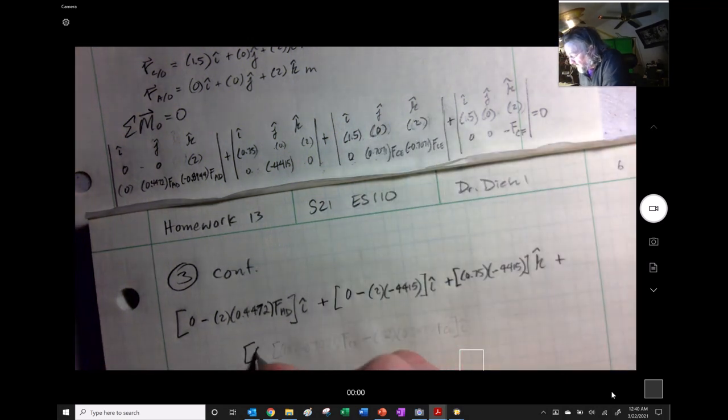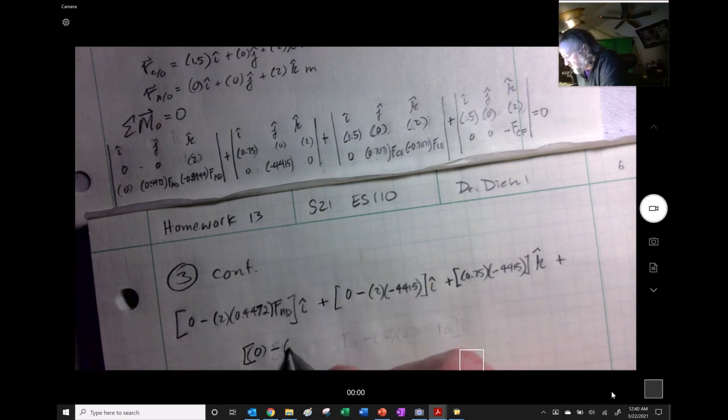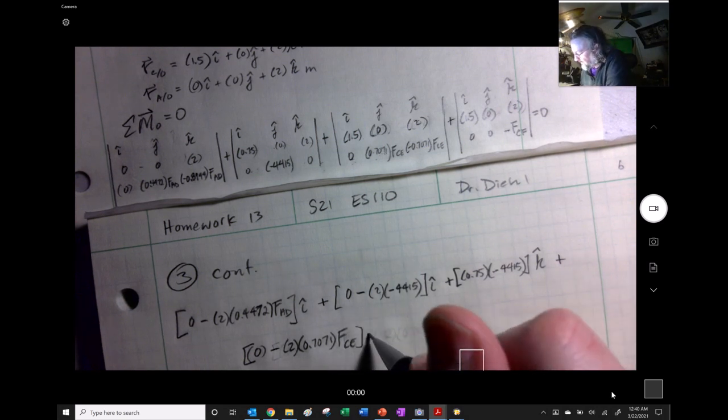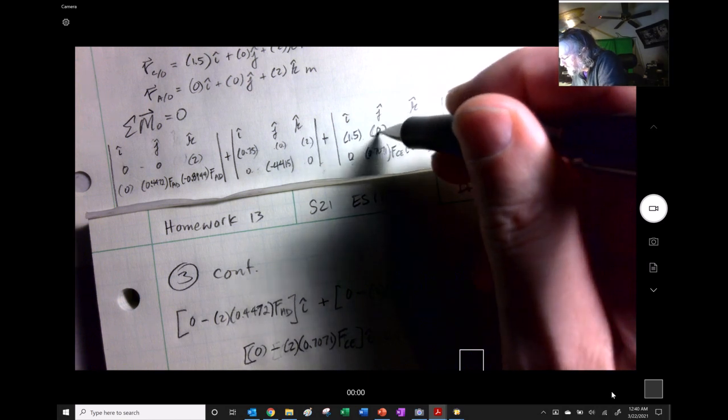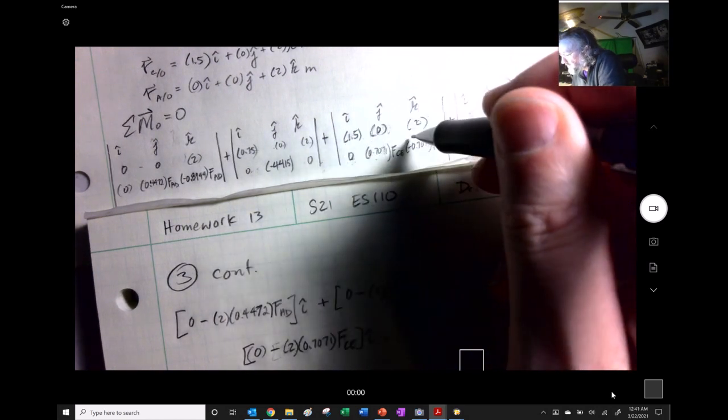All right. So let me start with I. That one and that one, that one and that one. Okay, so I have a 0 here in this one now, but it's going to be minus 2 times 0.7071 FCE. Gotcha. Take a look at J. We actually do have one around J. That's surprising, but I guess not surprising.